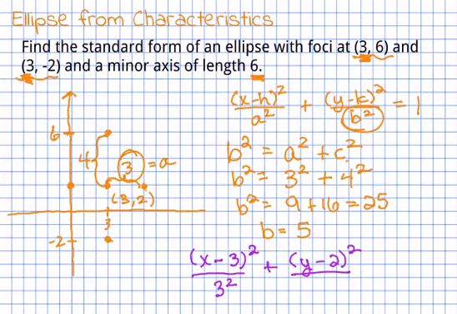And in the y direction, on our major axis, we're moving out 5 in each direction. We're going to square that. Equals 1. And so that's our standard form equation. Another acceptable version of this equation would be to have 9 and 25 as the two denominators.